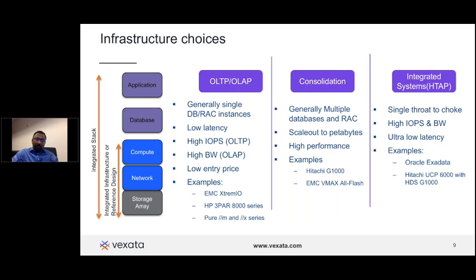So you have a variety of choices, and Vexata essentially caters to each and every one of these models, and I'll go over all of these in the form of solutions in the next few slides. But before I do that, across all of these different storage infrastructure options, the common underlying theme going forward is going to be PCIe NVMe SSDs. So next slide.